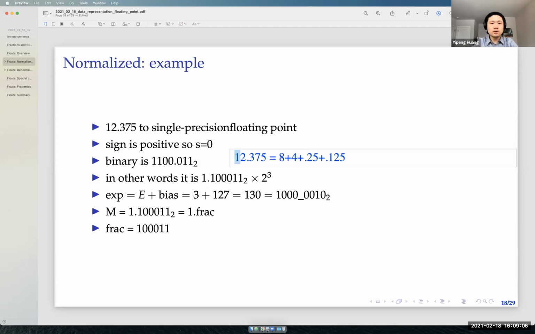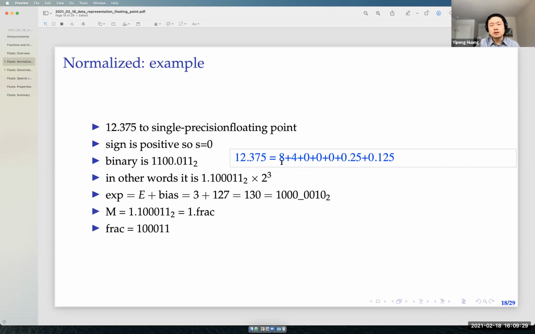So 12.375, I can write down as 8 plus 4 plus 0 plus 0 plus another 0 plus a quarter and plus an eighth. Why am I doing this?